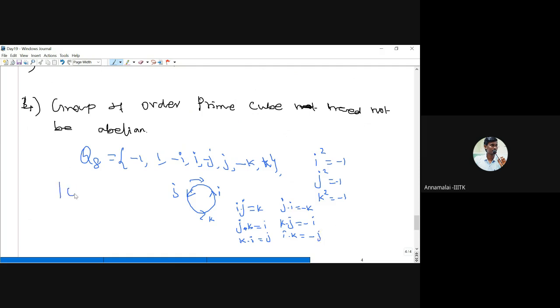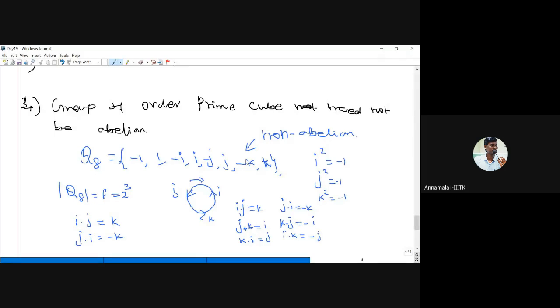Now, what is the order of Q8? There are 8 elements. 8 is nothing but 2 cube, so prime cube. Now this is not abelian. Why? Because i into j is k, but j into i is -k. Therefore, k is not equal to -k, so this is a non-abelian group. But the order is 2 cube, that is prime cube, and it is not abelian.